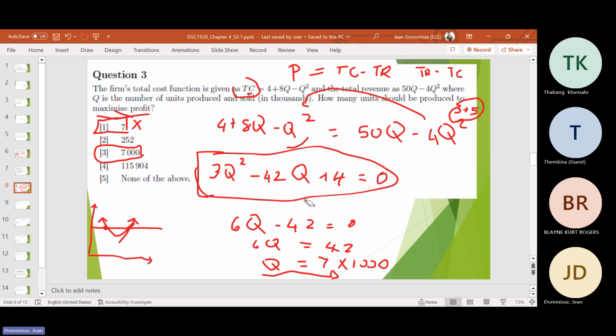But here is a clear example of how to do it. There would have been another way.